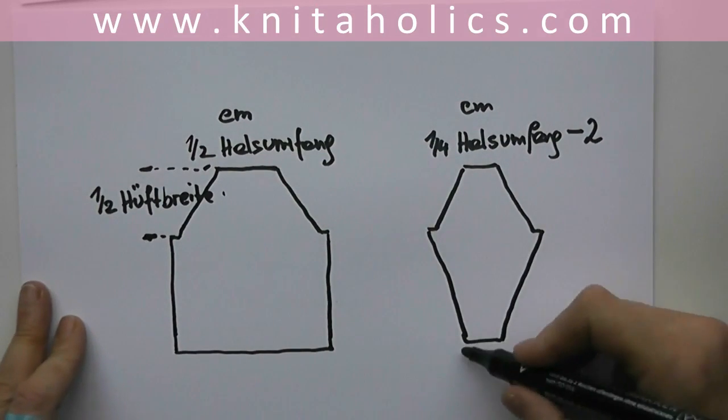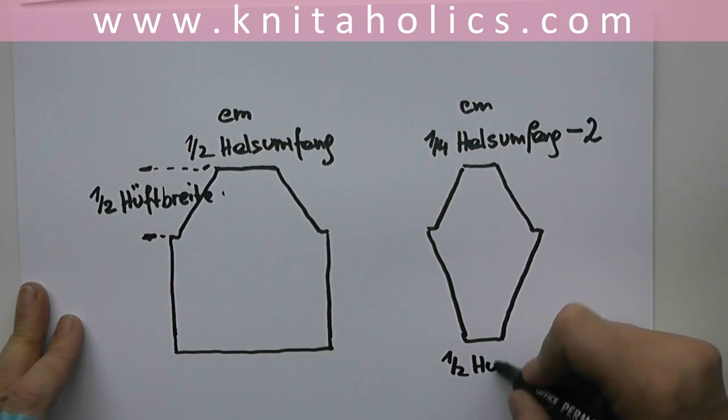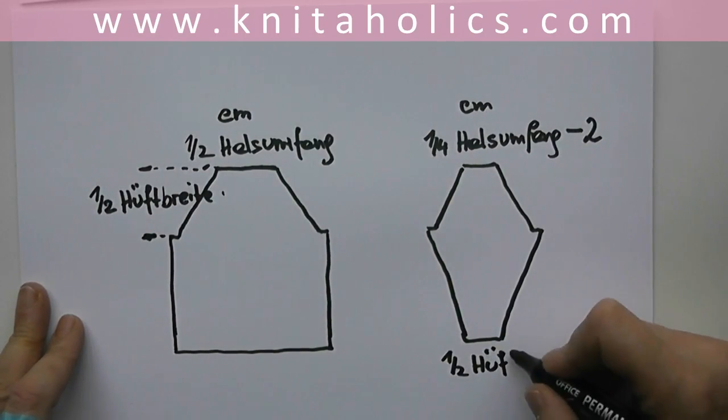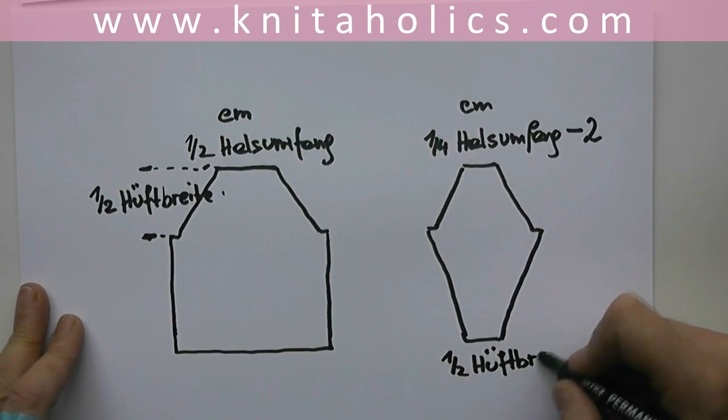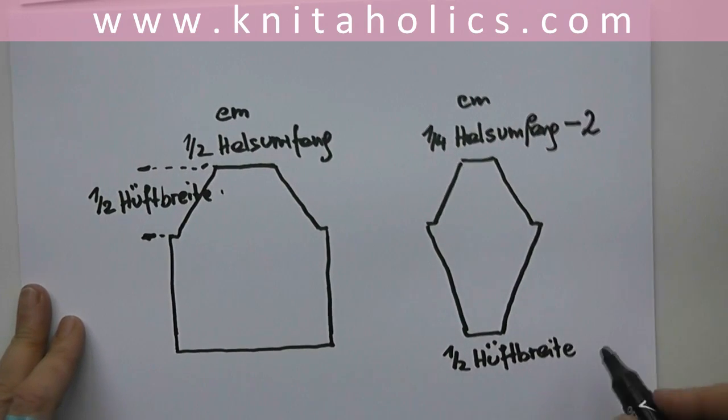The width of the bottom of the sleeve is the same in centimeters. It's half of the hip width or 1/4 of the hip circumference.